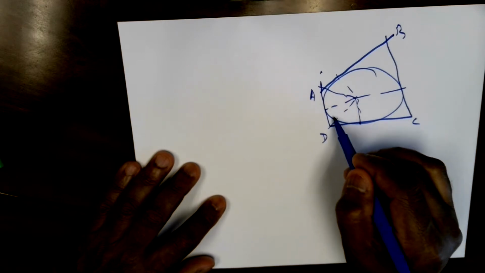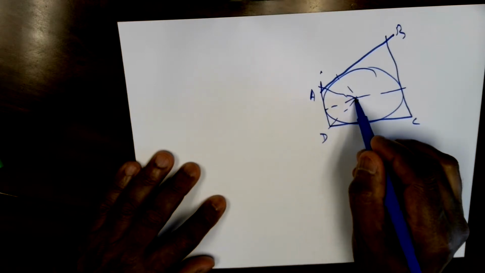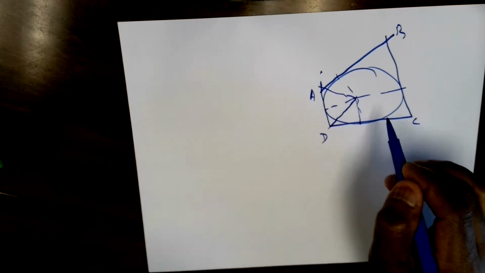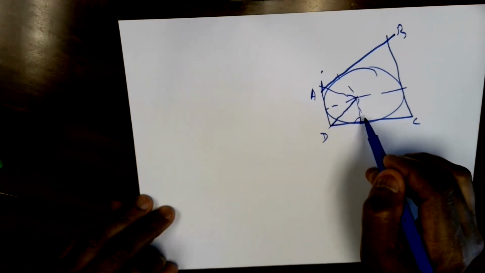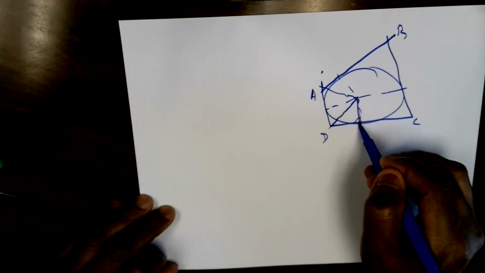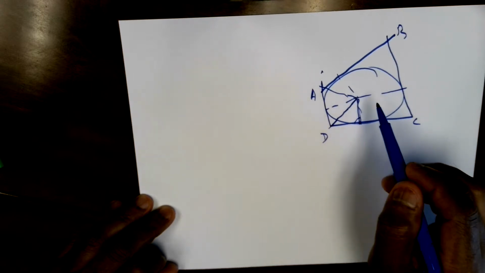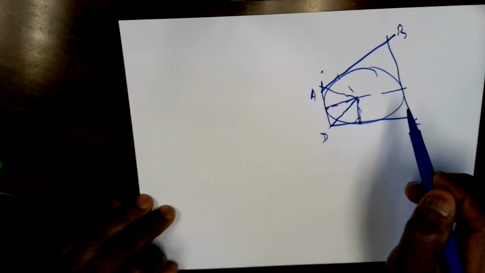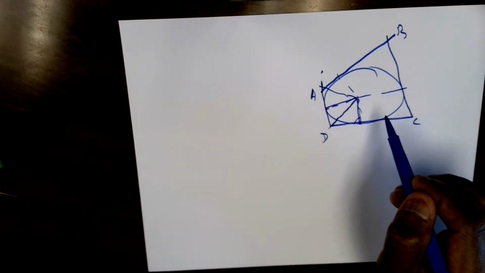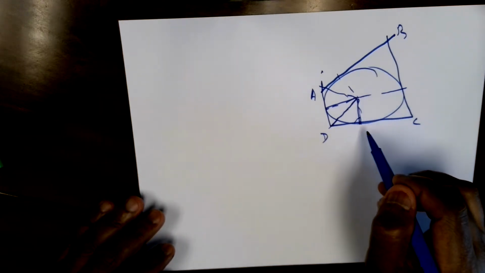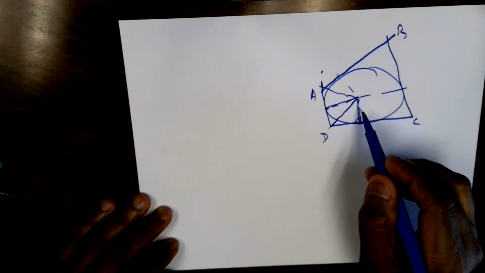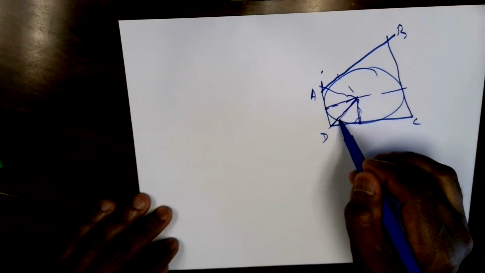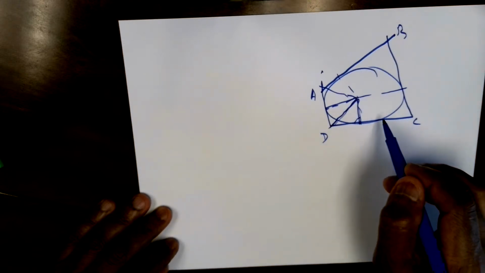If you take these two triangles, they are congruent because you have 90 degrees here. This is the radius, and this is the radius. And this side is, of course, common.